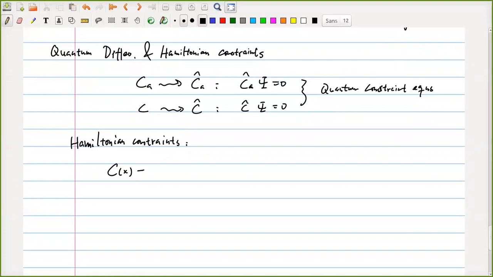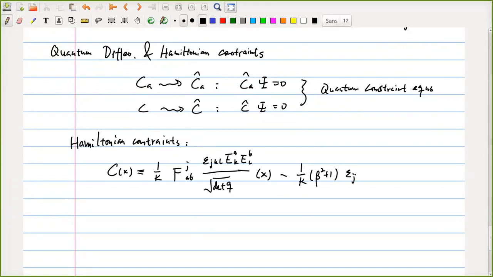This is our expression for it. Recall the formula: at point x, minus 1 over kappa, K B, and multiply a similar factor.